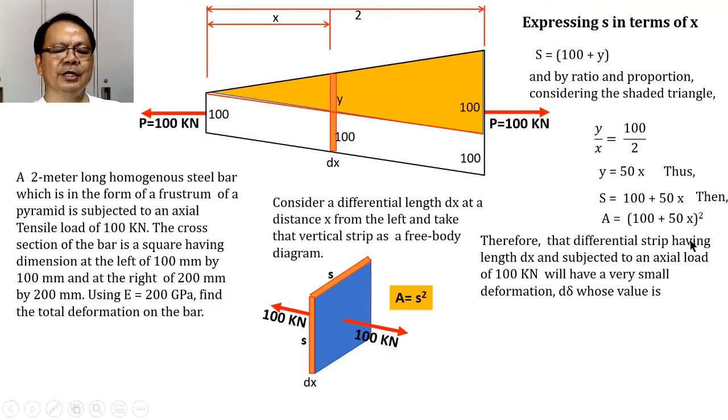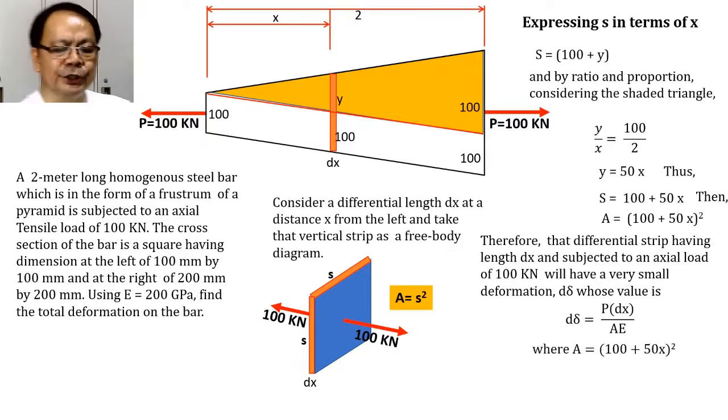Therefore, that differential strip, itong differential strip na tinutukoy natin, having a length equal to dx, that is subjected to 100 kilonewton, will have a very, very small deformation. And if we take that small deformation to be d delta, or d deformation, the value of which shall be equal to P multiplied by dx over AE.